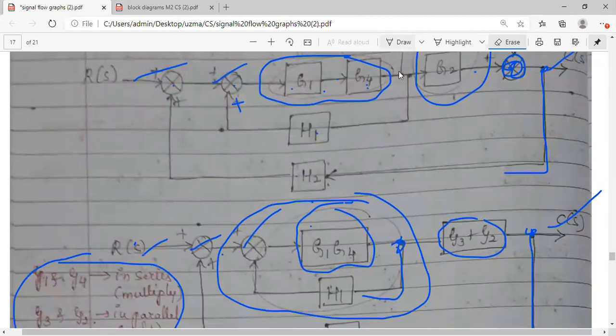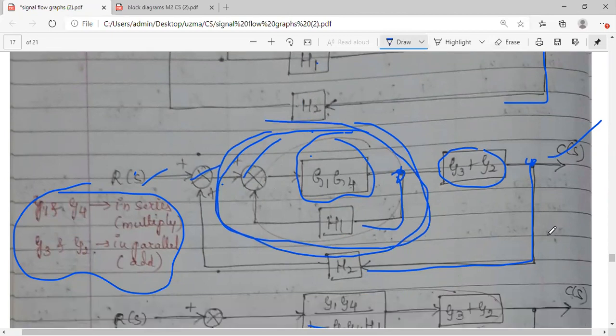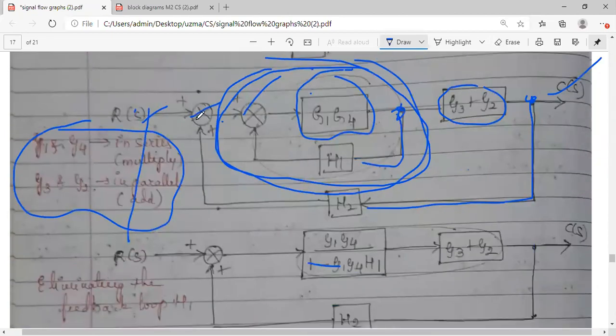So applying the feedback loop, you are eliminating the feedback loop. So this inside term will reduce to one block, and all other remaining terms the same. R of S as it is. You have a summing point as it is. ये जो loop है, it will be reduced to one block, and ये जो है as it is, this takeoff point also as it is. So how will you reduce this?